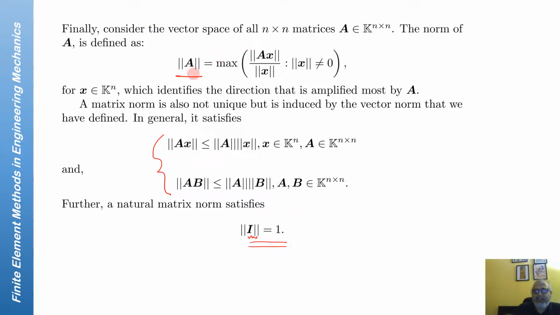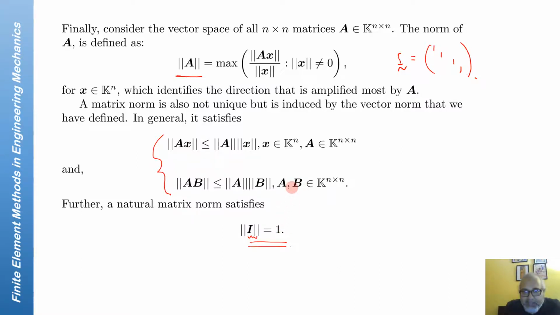For the vector space K n cross n in which A lives, the identity is this, and this identity matrix should have a norm equal to 1.